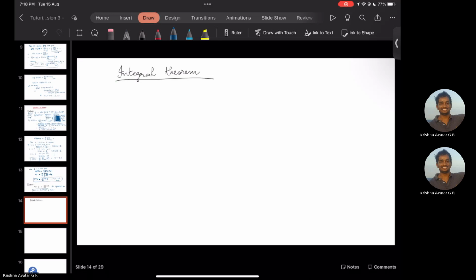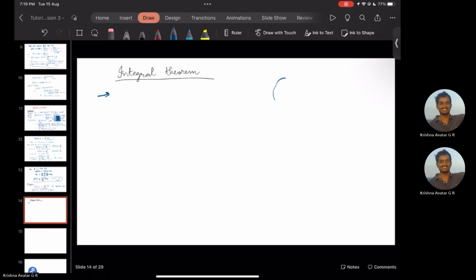Or I think in the second week we had just talked about one integral theorem. I'll just stick to that. So what we are trying to derive is what does an integral theorem essentially do?